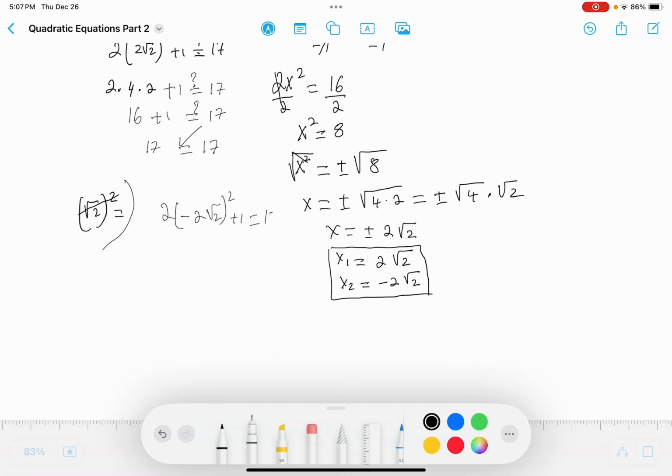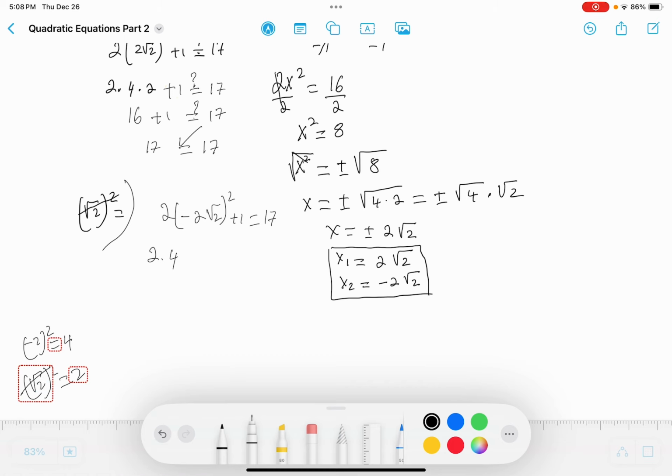Is that equal to 17? Okay, so 2 times negative 2 to the second power. Negative 2 times negative 2 will be positive 4. So that will be 4. Then the square root of 2 to the second power will be 2 because the square root and square cancel.